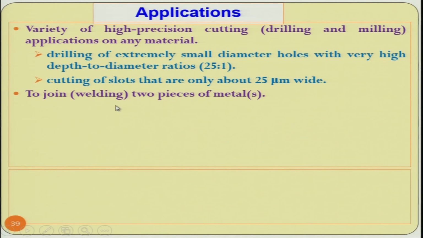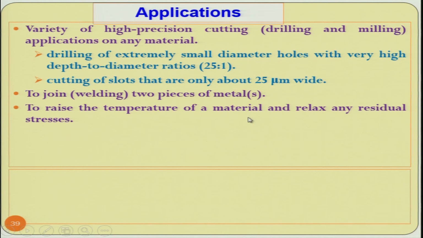Another application is to join, or weld, two pieces of metal. Please note that electron beam welding is also a very important area where a lot of work has gone into. So, it is not only cutting, drilling or milling applications, but the electron beam has been effectively used for micro drilling and micro welding purposes.